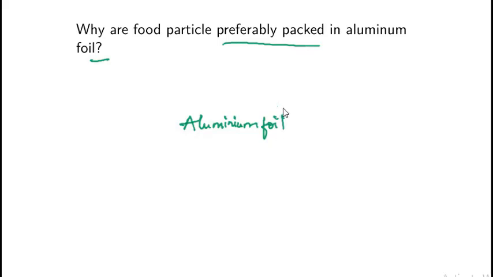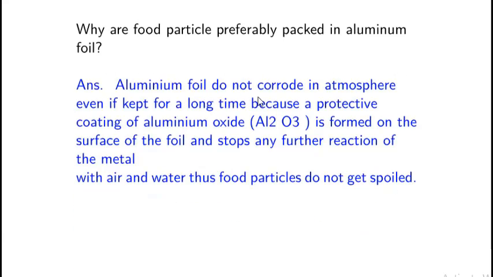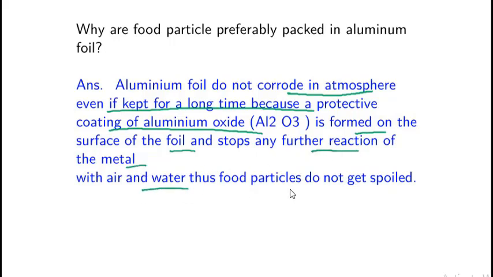Why is it done? Because aluminium foil does not corrode in the atmosphere even if it is kept for a long time, because a protective coating of aluminium oxide is formed on the surface of the foil and stops any further reaction of the metal with air and water. Thus food particles do not get spoiled here.